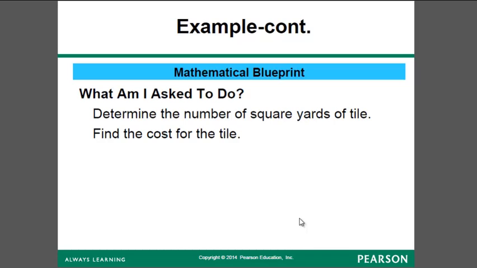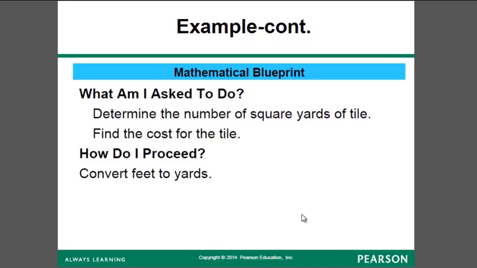The third step of a mathematical blueprint is to ask yourself, how do I even proceed? What do I need to do? This one actually has a few things that I'm going to have to do. If you go back and look at the problem, our problem gave us that the entryway was 12 feet by 9 feet. But we want to find square yards.